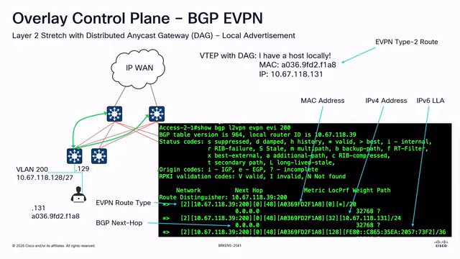There are 5 standardized route types in EVPN, and there are about 6 more in drafts. But we only need to know about 2 to make a fully functional EVPN network. The first one is route type 2, which carries information about the individual host or endpoint. Right? Every endpoint has a MAC address.